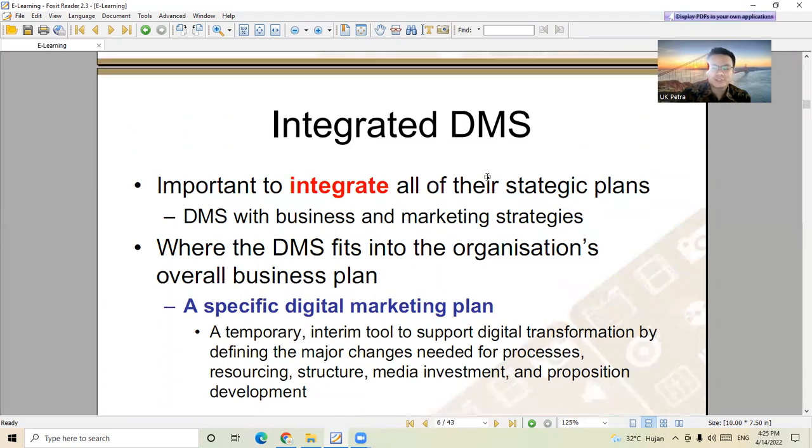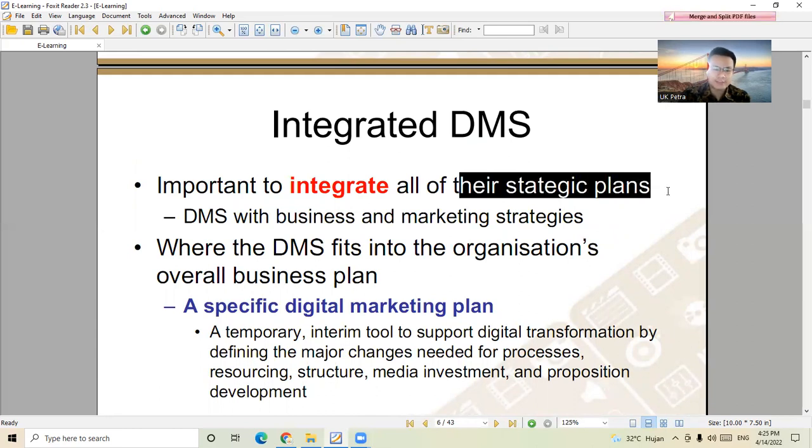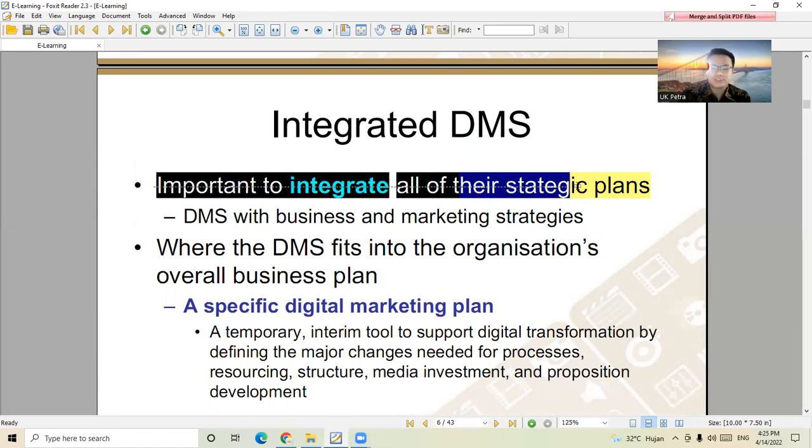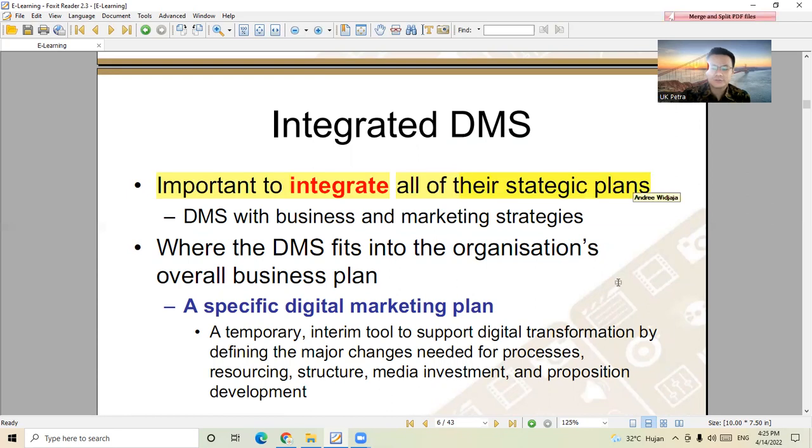Digital marketing strategy in the company should be integrated for the whole company. You cannot just use digital marketing strategy by itself, but it has to be integrated into all strategic plans that the company has. It is said that it is very important to integrate all of their strategic plans. So what are those strategic plans?